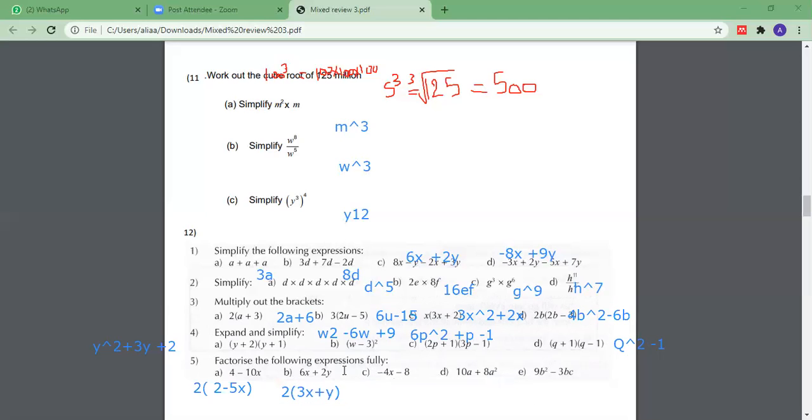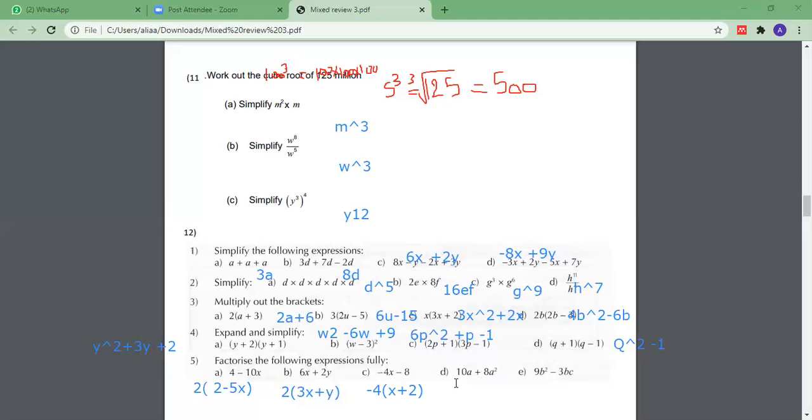And here, negative 4x divided by negative 8. You can either take negative 4 common or 4 common, but I prefer to take the negative 4 common. Negative 4x divided by negative 4 will be x. Negative 8 divided by negative 4 will be plus 2. But if you took 4 common, just 4, it will be negative x, negative 2. The sign will change, okay?